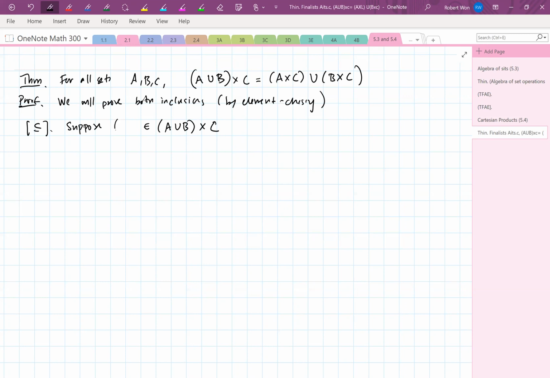So when I take an arbitrary element, I'll take (x, y) in this Cartesian product, because I'm going to need to know about the individual coordinates of my ordered pair in my proof. Okay, so what does it mean to say that (x, y) is in this Cartesian product? By definition, this means that x is an element of the first set and y is an element of the second set.